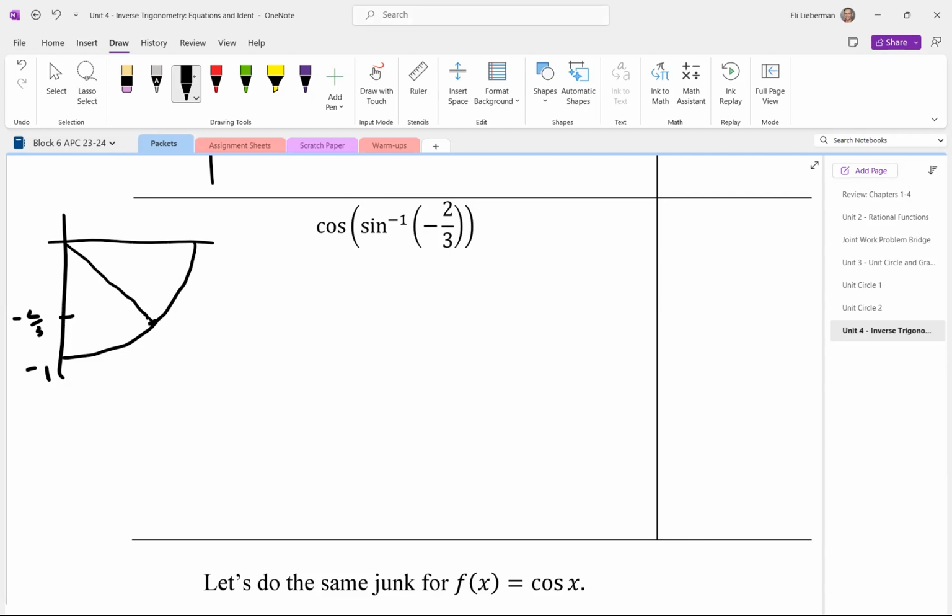So this isn't asking for that angle, it's asking for the cosine of that angle, isn't it? For the cosine of this angle, which angle? The angle whose sine is -2/3.